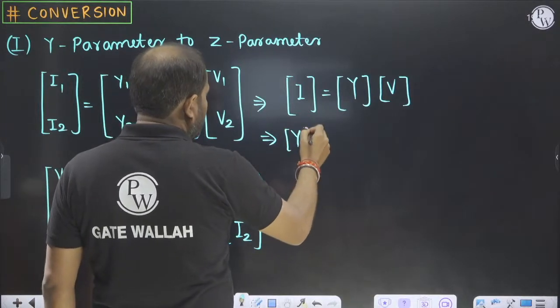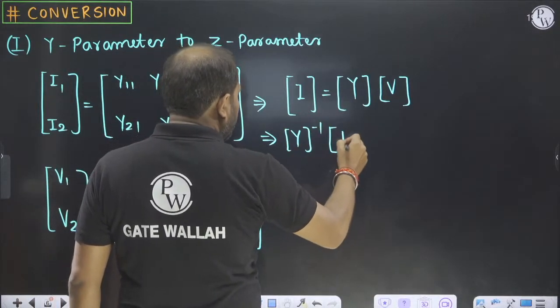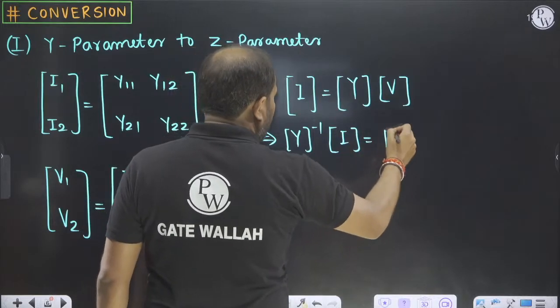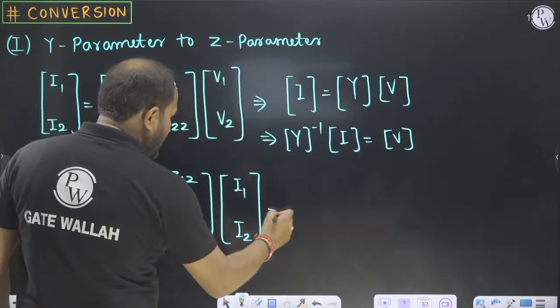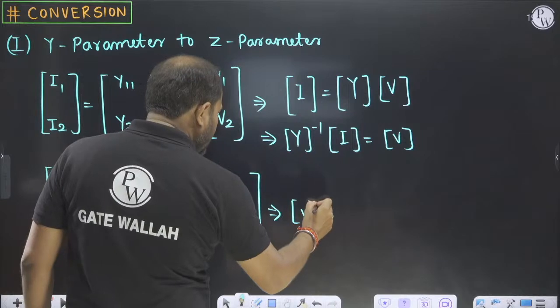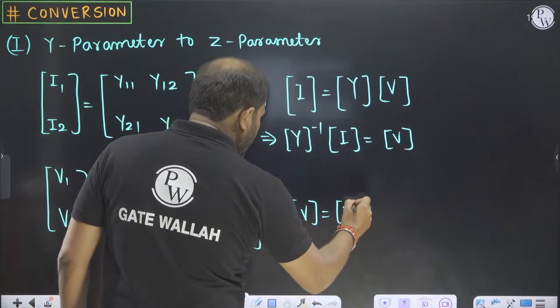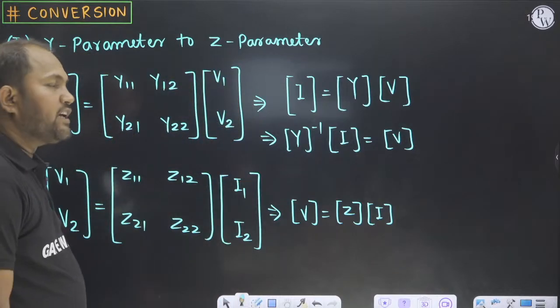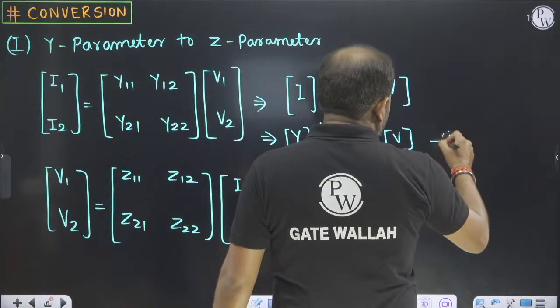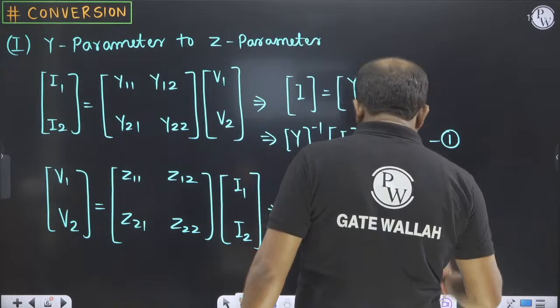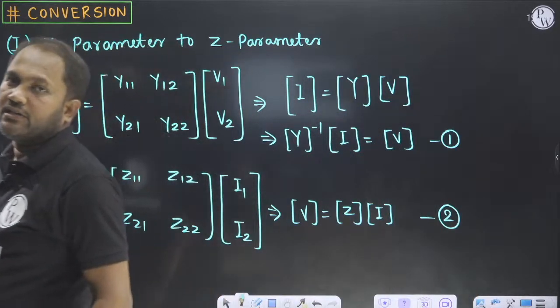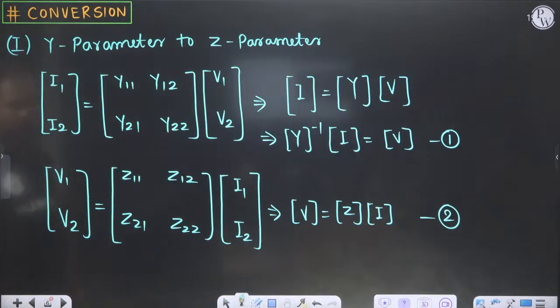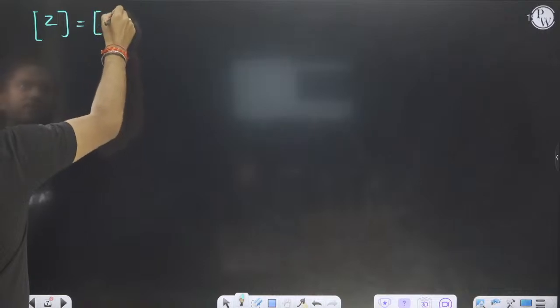So Y inverse into I is equal to voltage, and this will be written as voltage is equal to Z into I. So we can relate equations 1 and 2. So Z is equal to Y inverse. This is the point here.